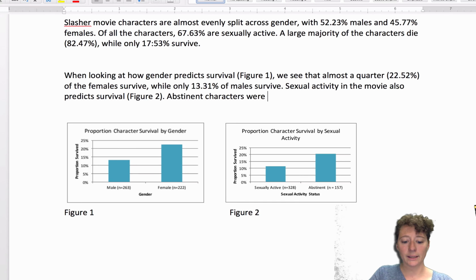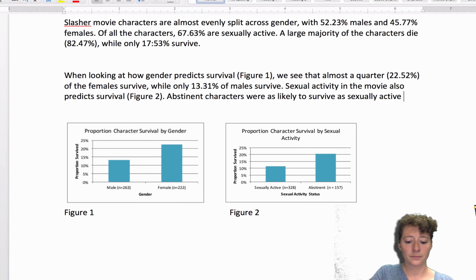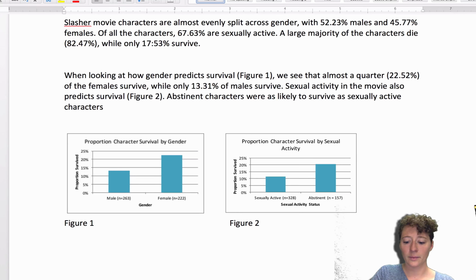They were twice as likely to survive as sexually active characters. Again, let's add those specifics. Twice as likely to survive. Specifically, they had 20. And the sexually active characters were at about 11.